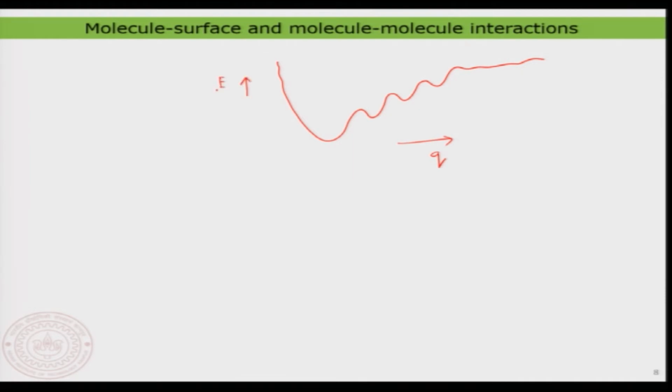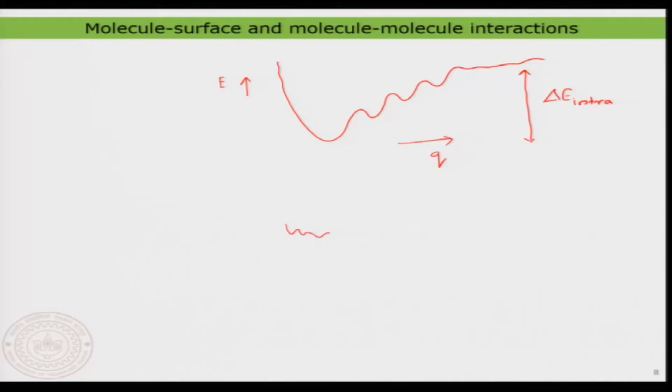So, you would have the potential energy, generally called delta E intra, and then there is also the molecule-surface interaction. The molecule-surface interaction is periodic in nature, but since the molecule can have many different possible orientations on the surface, that potential energy surface is much more structured than a simple periodic function, as we have seen in the case of atomic adsorbates on a surface.